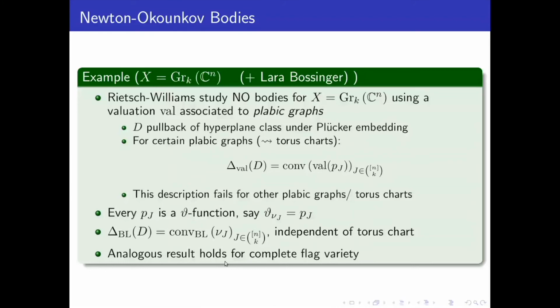So this definition might look a little bit more complicated in that we're using machinery like scattering diagrams and broken lines. In practice, at least in these two examples, it seems that you get something that's very simple, simpler than the usual Newton-Okounkov construction.